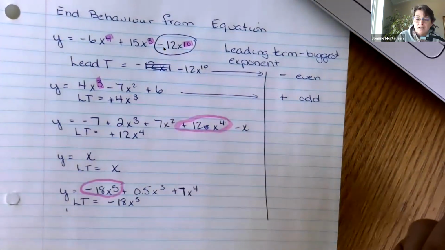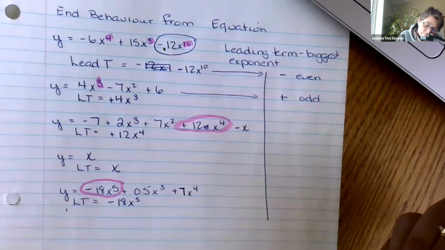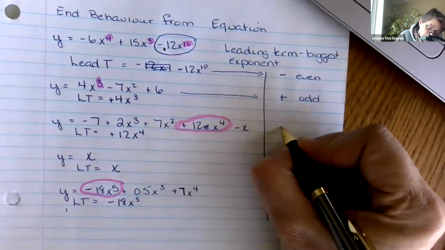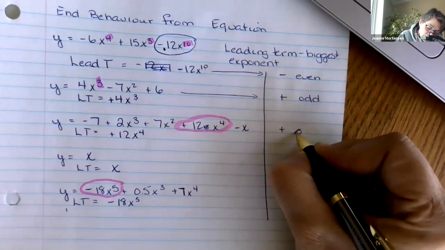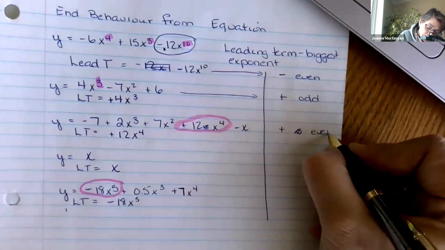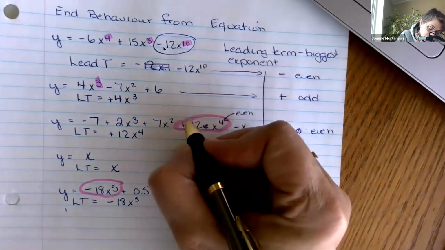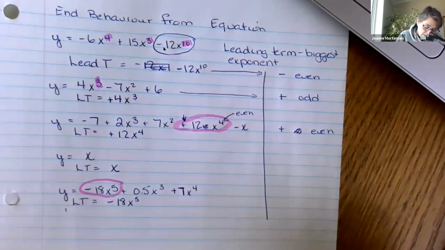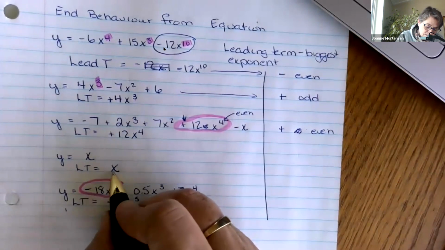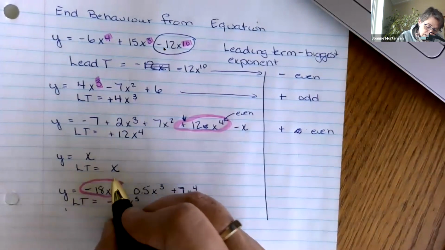All right, pause the camera, do the next two. All right, so we got positive, odd, even, right? That's what we're looking at. This one, all right, I can see it's positive.